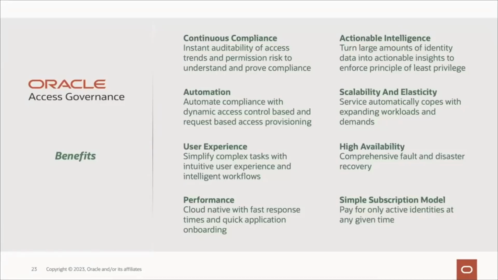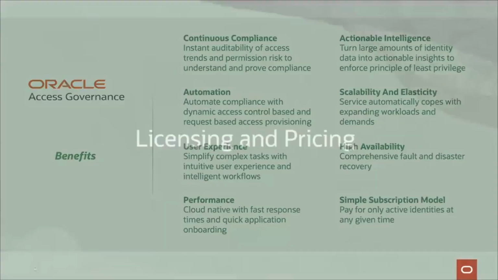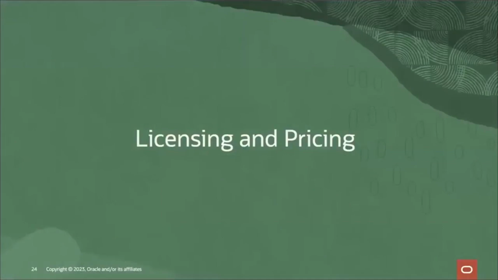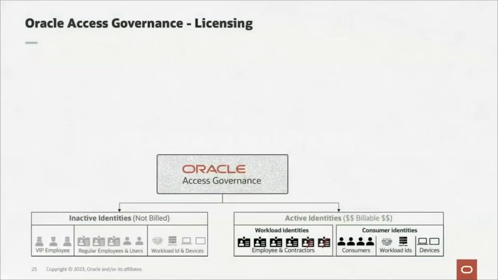So it's a fairly simple subscription model for access governance. Now let's look quickly at the licensing and pricing of access governance. Access governance supports various kinds of entities. If you want to turn off the governance for some of the VIP users like CEO, CTO, CISOs, it can be done.